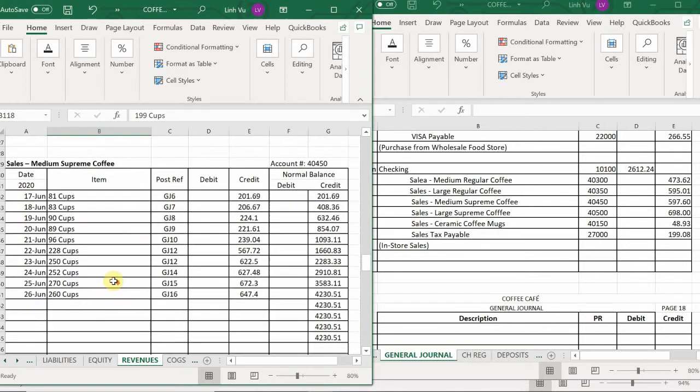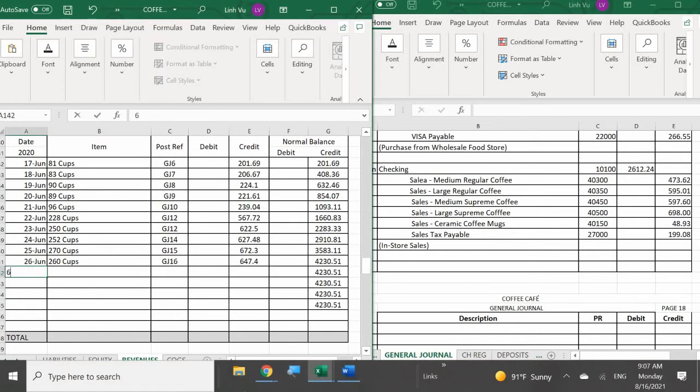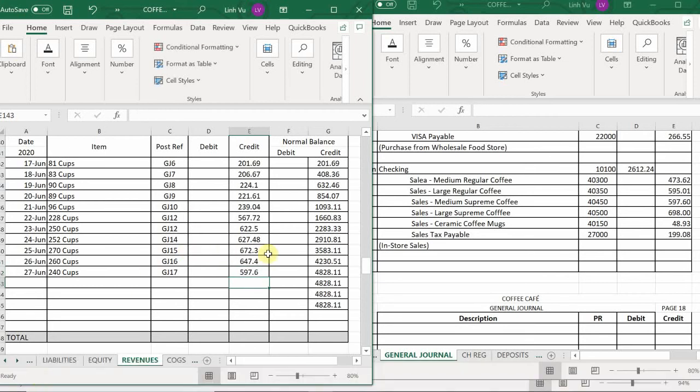Right. Next is sales medium supreme. We sold 240 cups. Our amount is 597.60. And that gives me a grand total of 4828.11. Good.